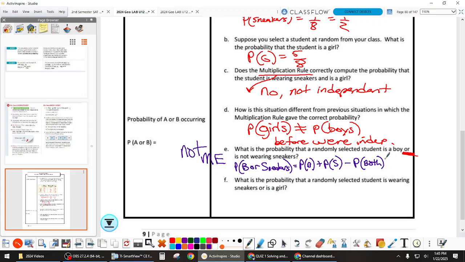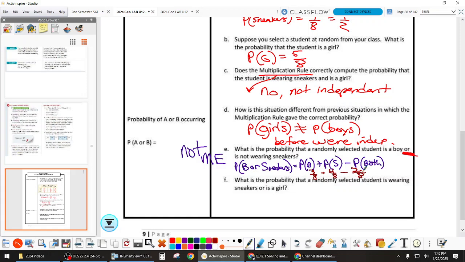With this table, all of those are really easy to get. Okay? So what's the probability of being a boy? 3 out of 8. Probability of sneakers, just in general? Plus 4 out of 8. Minus the both, boy and sneakers. 2 out of 8. Everybody see where we got that?